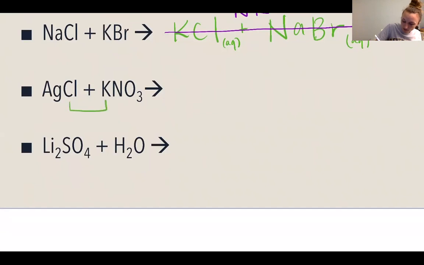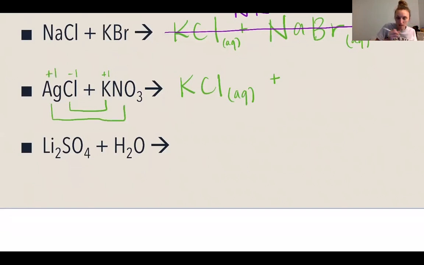Combine the inner. Potassium has a charge of +1, chloride has a charge of -1. So I'm going to end up again with KCl. And I can go ahead and just write AQ right now because I just had that above, and I knew that that was aqueous. And I'm going to end up with silver, which has a charge of +1, combined with nitrate, which has a charge of -1.